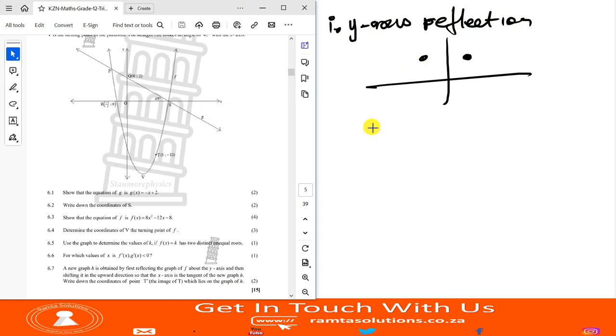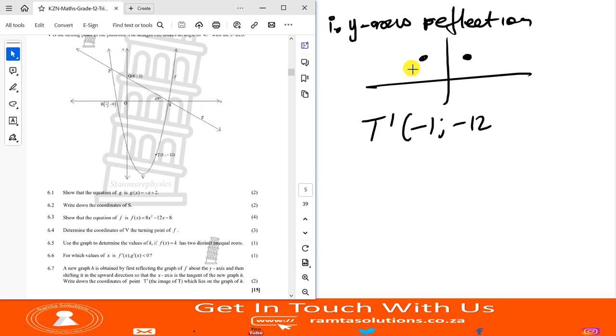Okay, so what is this? Remember I said only x value changes. So t prime will be, for now, I'm leaving the y value as is, only the x value is changing. T prime will be negative 1 and negative 12.